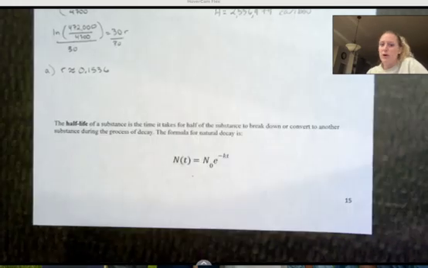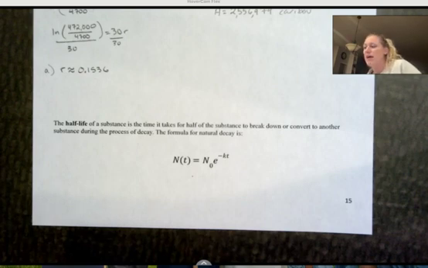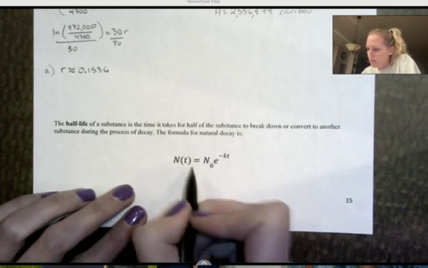Okay. This is a really common thing you guys will hear about as well in this unit, an application often found in chemistry. The half-life of a substance is the time it takes for half of the substance to break down. And this is almost always an exponential equation. I actually don't like that this is introduced to you guys.